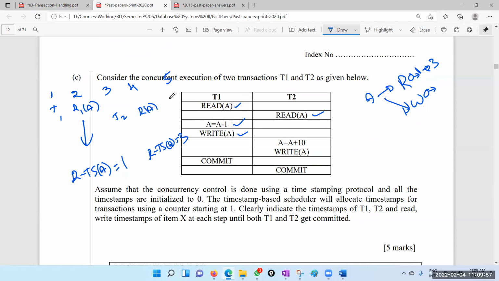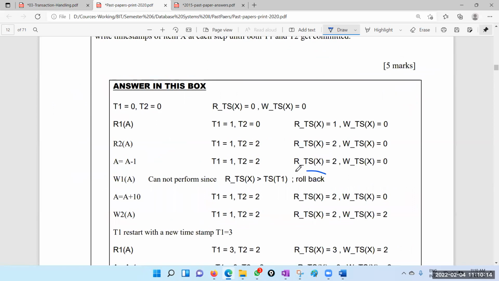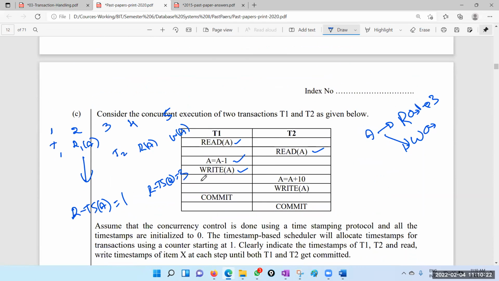You try to write A, and a younger transaction has read it because its timestamp is 3 now. Your timestamp is 1. So therefore, now you have to roll back. Let's see if the answer says that. Yes, you have to roll back. Cannot perform.